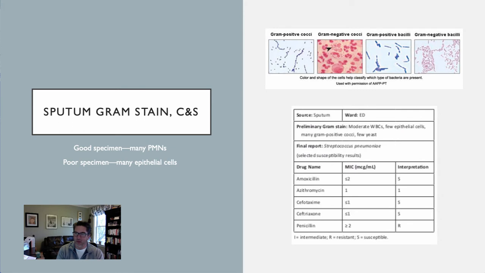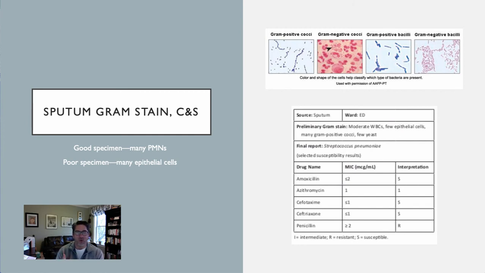But the other thing that we have to know is how good is the specimen that we got? Yes, we grew some gram-positive cocci, but there's lots of gram-positive cocci, and sometimes they're organisms that belong there, in the mouth, for instance, and sometimes they don't belong there, like in the lungs.